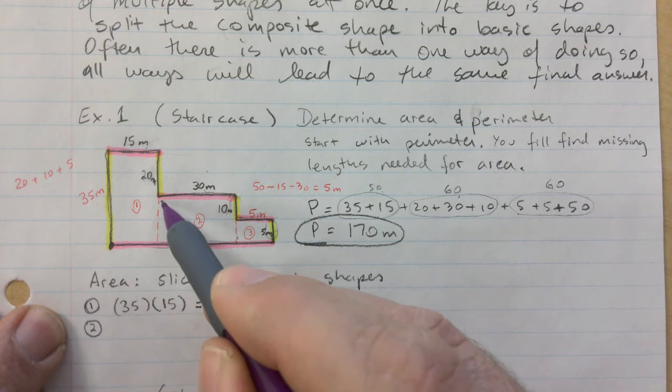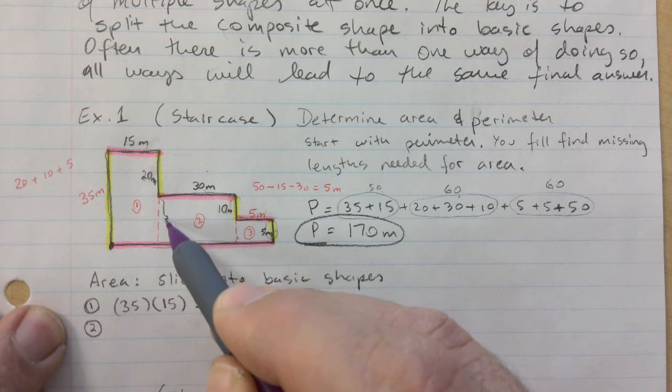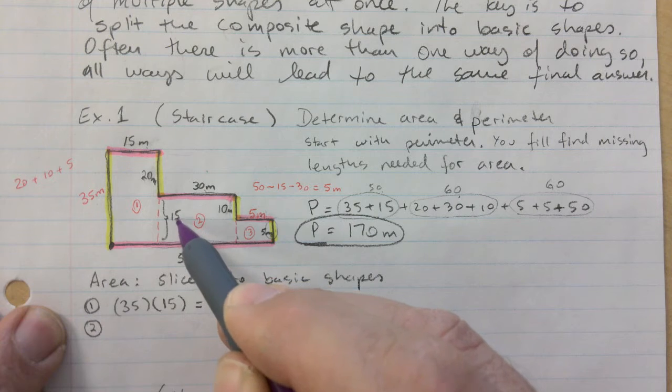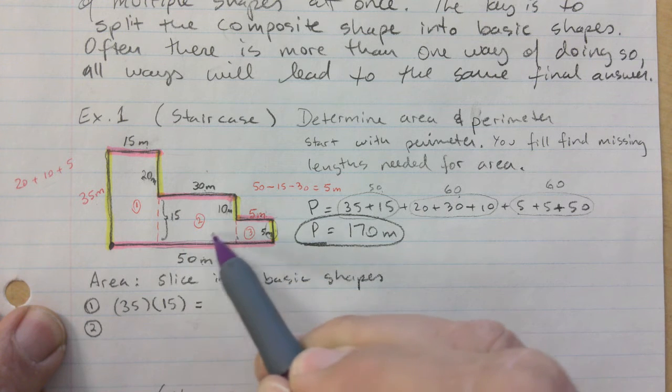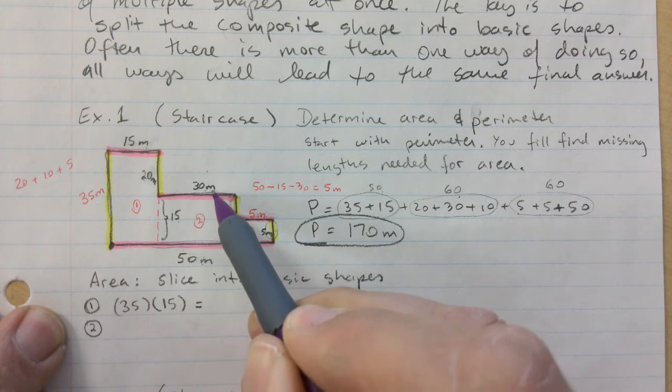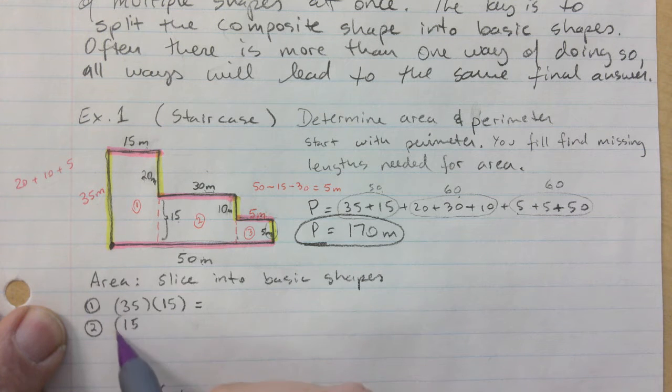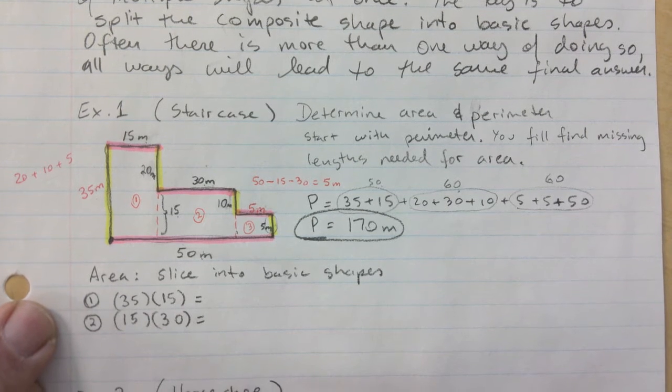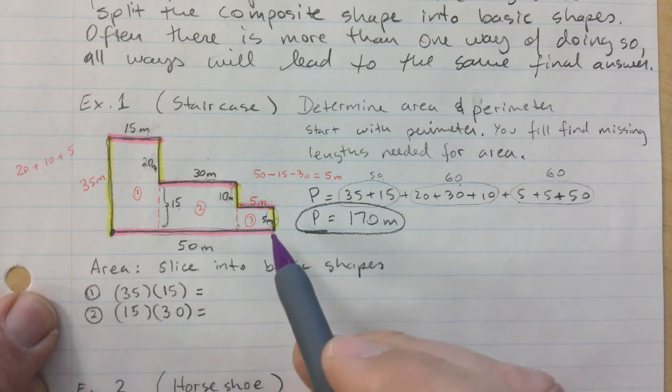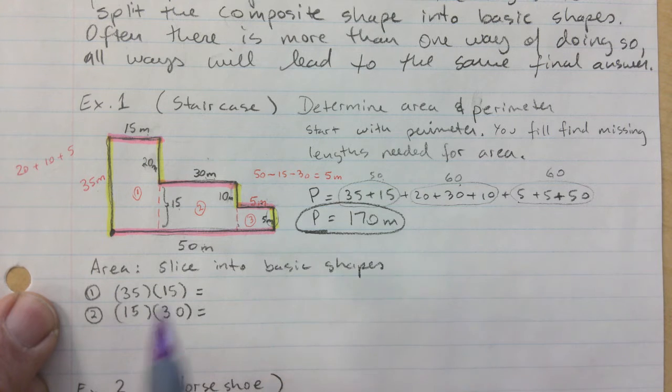So technically from here to here, it's 15. So for this rectangle, it's a 15 times 30 scenario, to get the area of the rectangle. And for the last one, it's a 5 times 5.